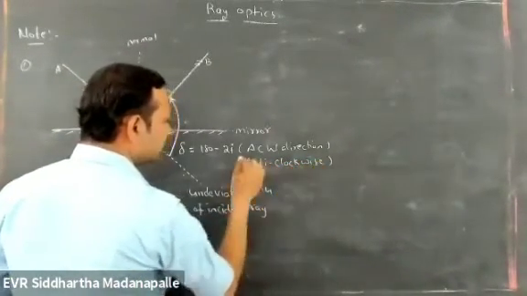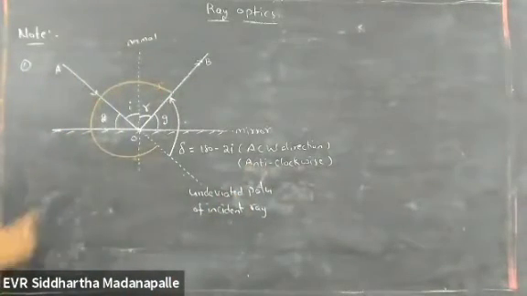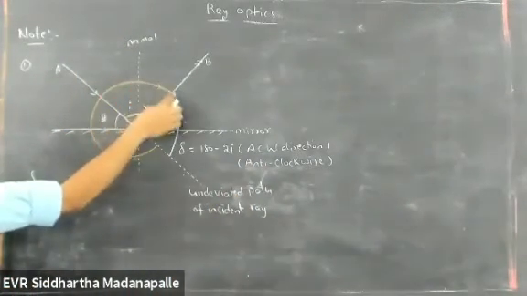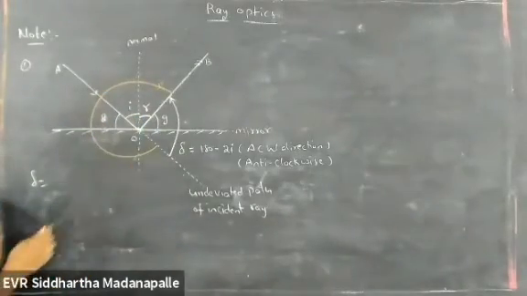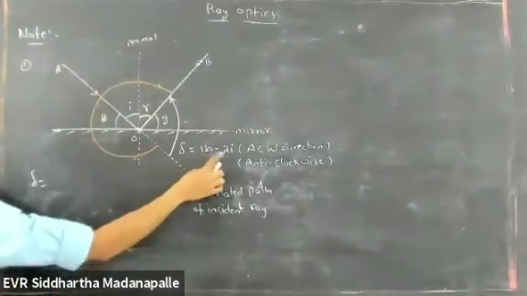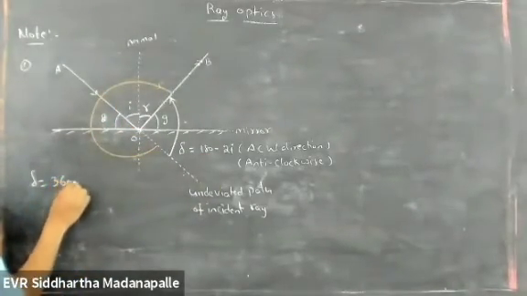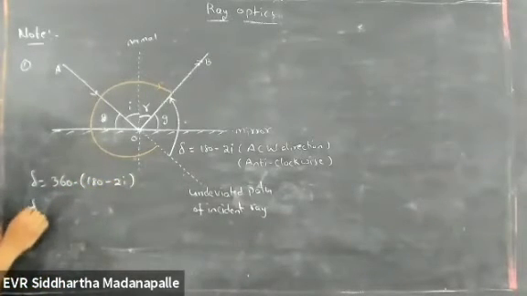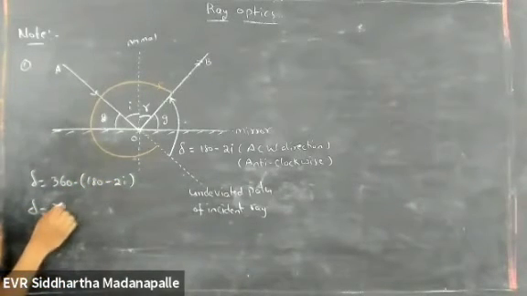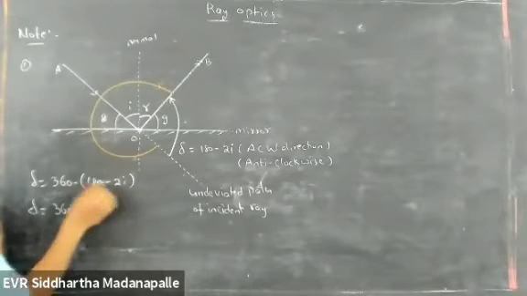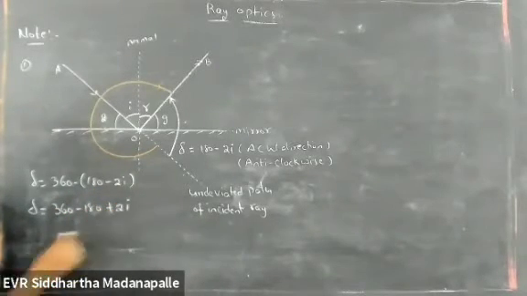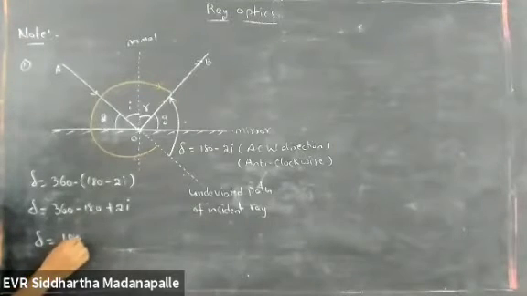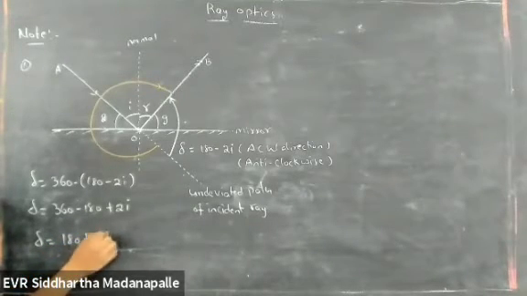Now, in the clockwise direction, delta is equal to the total angle, which is 360 degrees. So therefore 360 minus of 180 minus 2i. So this can be written as delta is equal to 360 minus 180 plus 2i. So therefore delta is equal to 180 plus 2i, since 360 minus 180 is 180.